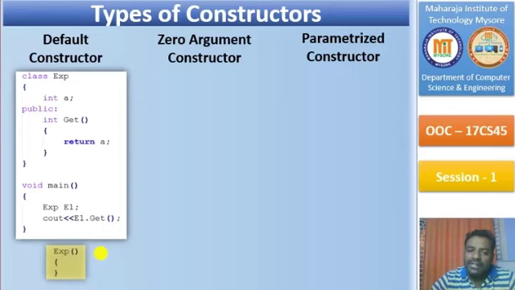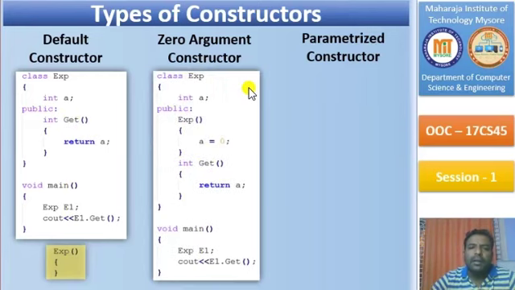Hence, it has the same name as the class, zero parameters, and an empty body. Now this is what the default constructor is going to be. It's almost the same as a zero argument constructor, but if I don't define this, it becomes a default constructor. If I define this inside the class as a programmer, it becomes a zero argument constructor. Just look at this.